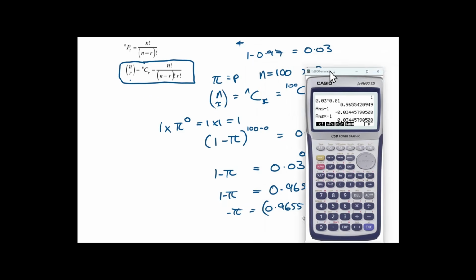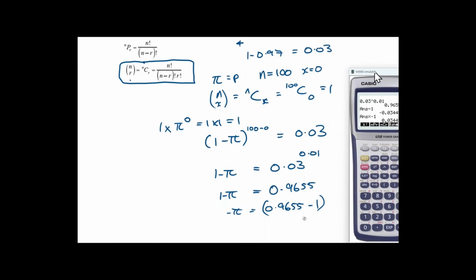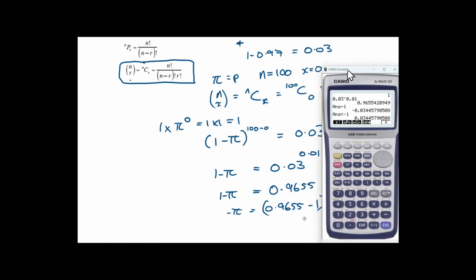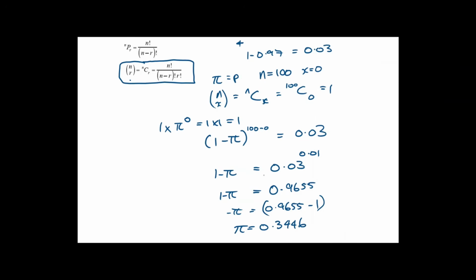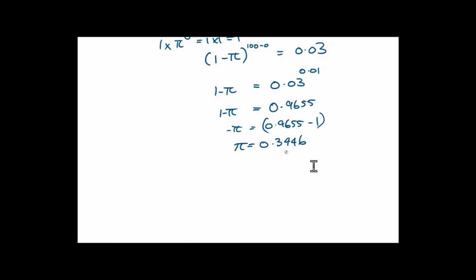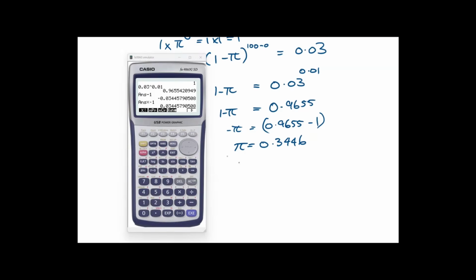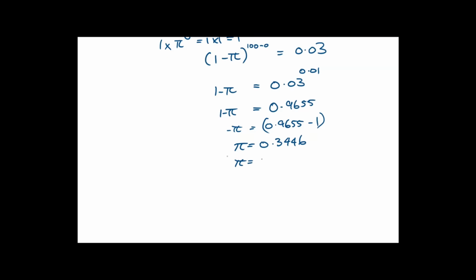So the answer, the probability of a false positive for each trial, for each participant in this, is going to be 0.0346. Okay, that's the answer that we're looking for. How does that stack up? That tells us that, oops, I made a mistake, pi is 0.0346.